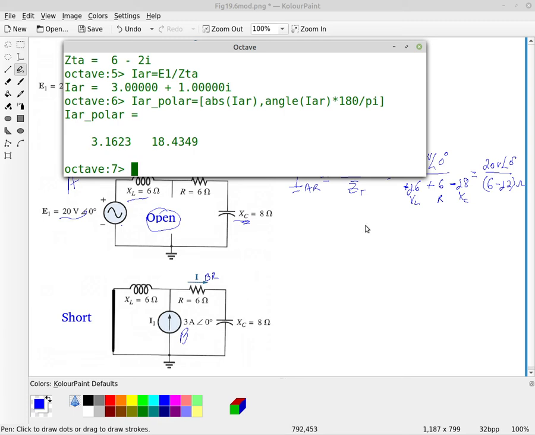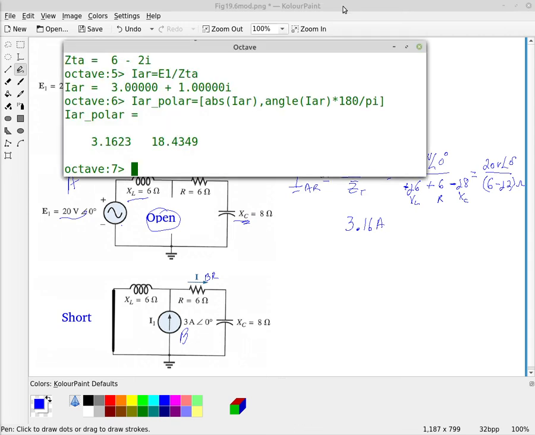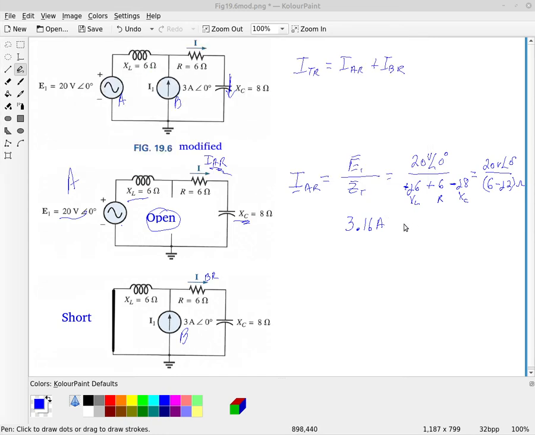So this is my value here in polar form. It's going to be 3.16. If I was going to put this in Blackboard, it'd be 3.16 amperes at 18.4 degrees, and that's a positive.